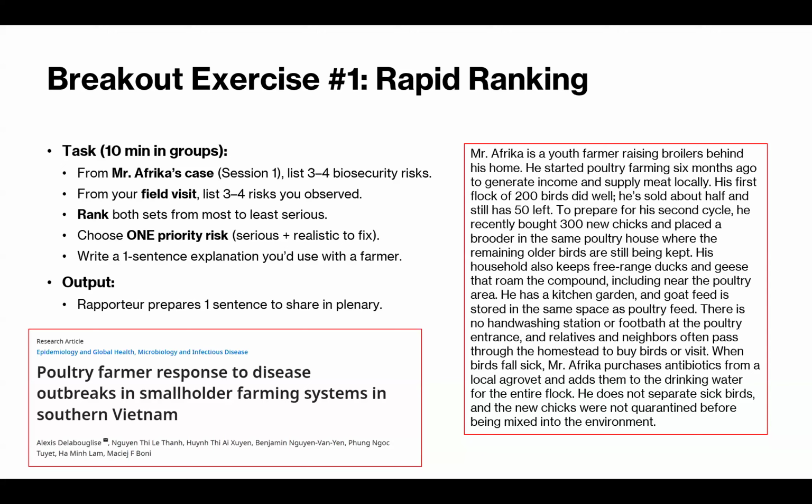To explain to the farmer without judging them: to keep your birds healthy and safe, I will advise you to provide a hygiene station so that whenever visitors come in, they can clean and change their shoes or wash their hands before entering the poultry area, because even healthy-looking animals can carry germs that make them sick, and most diseases that affect your birds are actually from outside. Providing a hygiene station will reduce the risk of your animals falling sick.